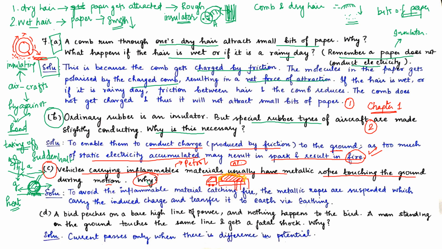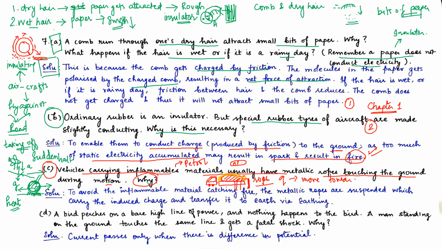So in that case we need to make sure that not even a little amount of charge is being stored on the surface of these inflammable-carrying vehicles. The charges coming over here, these ropes help them to move towards the earth.